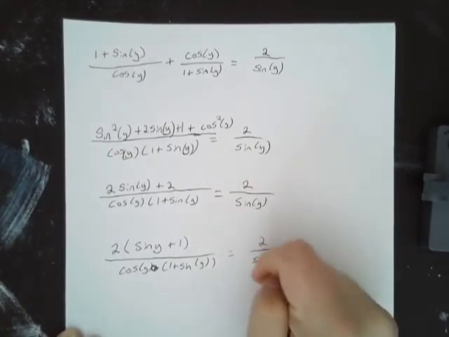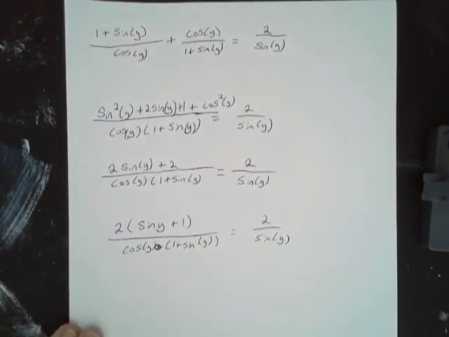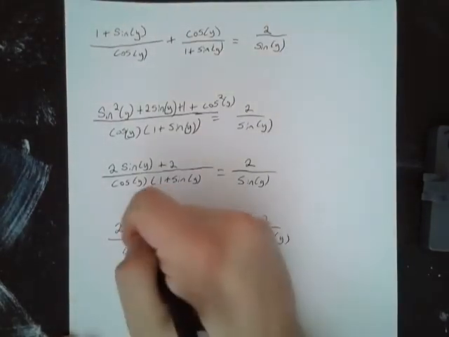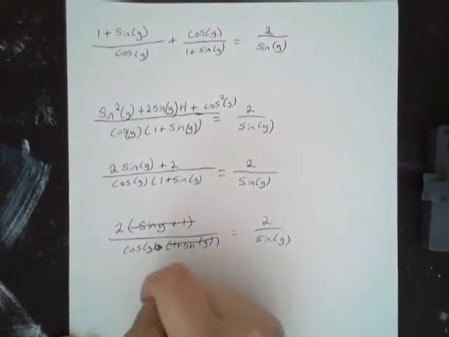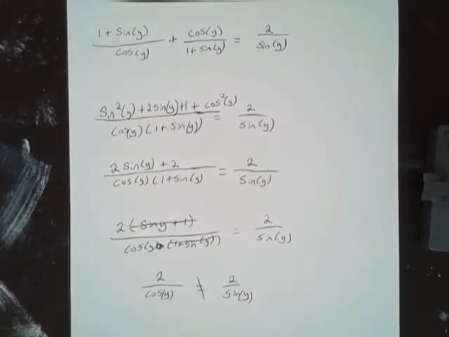And this is still equal to 2 over sine of y. And now I notice here, I can cancel these out from the top and the bottom, giving me 2 over cosine of y is equal to 2 over sine of y, which is not true.